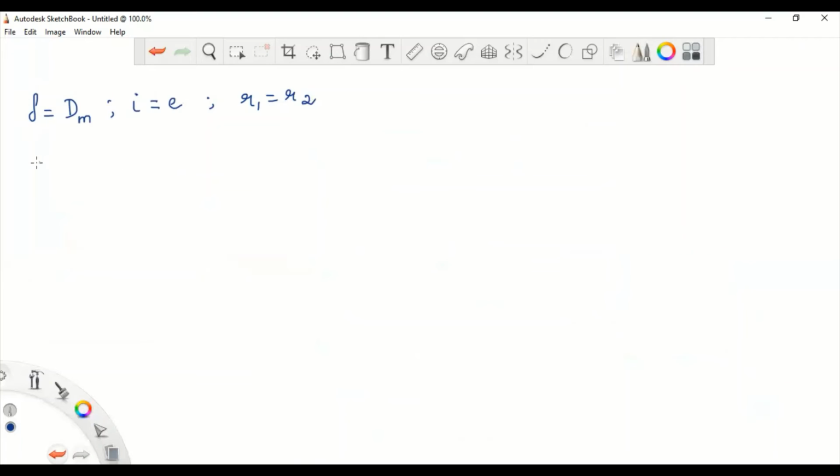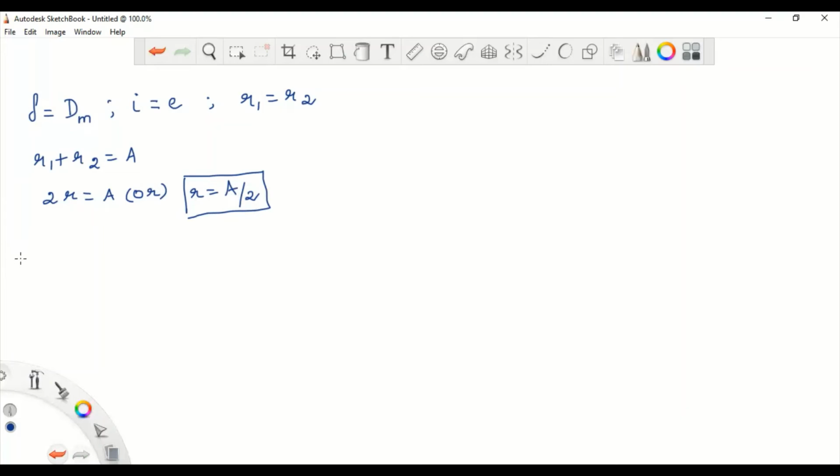So now let us consider this expression R1 plus R2 is equal to A. Hope all of you remember this one. Okay. So if you substitute R1 is equal to R2, so we can also take it as R. Okay. So what will you get here? So 2R is equal to A, or R is equal to A by 2. Okay. So again, this is very, very important here. R is equal to A by 2.